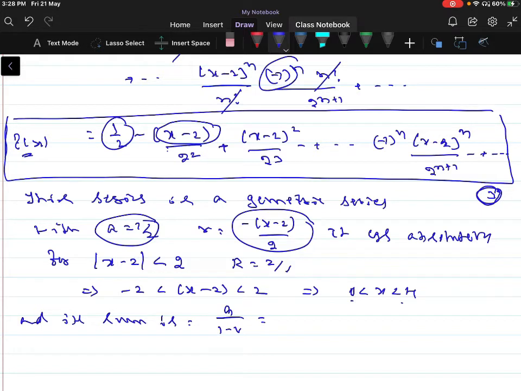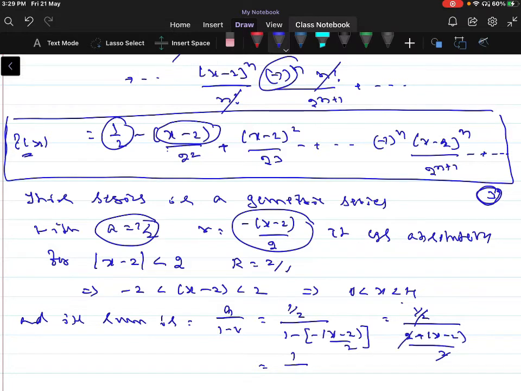So that can be written as 1 by 2 by 1 minus r, where r is equal to minus x minus 2 by 2. So this can be written as 1 by 2 by, let us take the LCM, 2 plus x minus 2 by 2, 2 gets cancelled here, so that can be written as 1 by 2, minus 2 gets cancelled, that is 1 by x. Its sum is 1 by x.